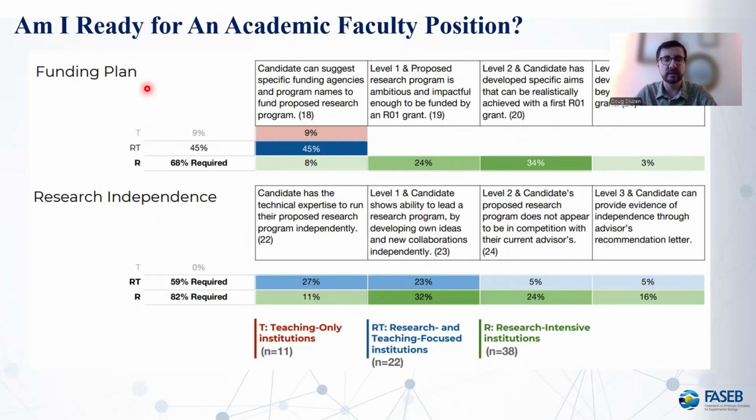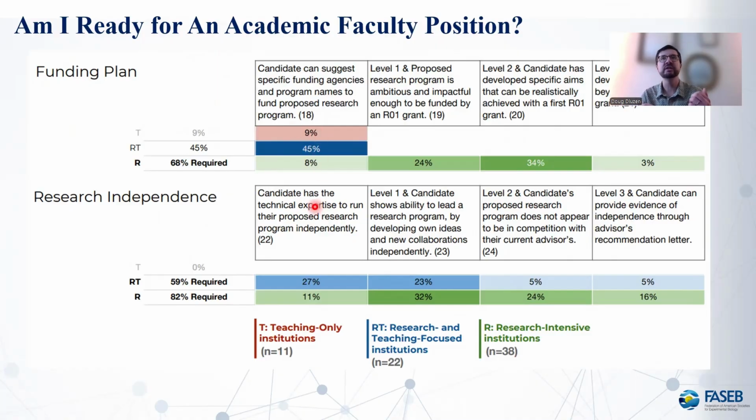There's a couple dozen different qualifications and criteria that faculty search committees might evaluate you on: funding plan, research independence. We are going to dive deeper into the ACRA when we meet on March 4th, if you're able to come into the live workshop. So just becoming a little bit familiar with this. It will be linked in the pre-workshop materials. You can dive a little bit deeper and familiarize yourself with this.